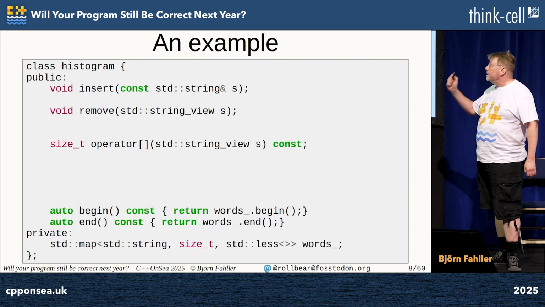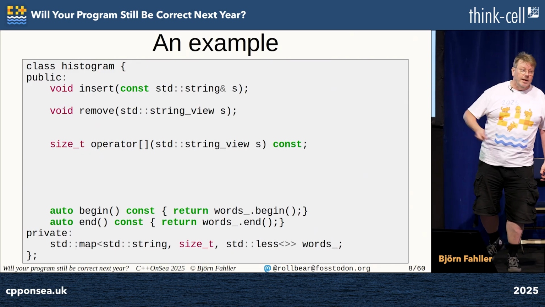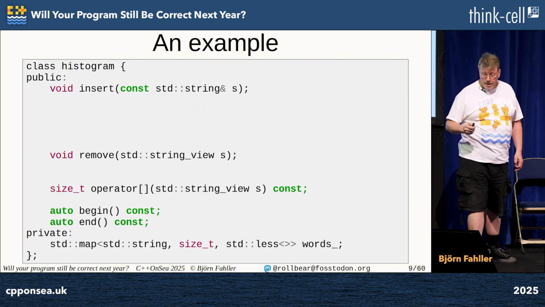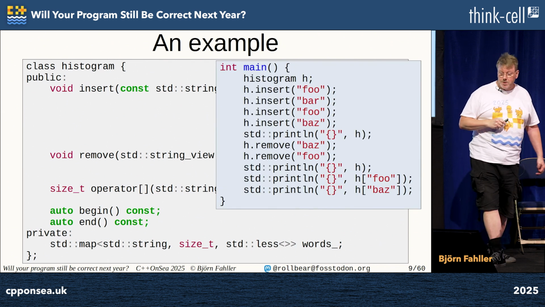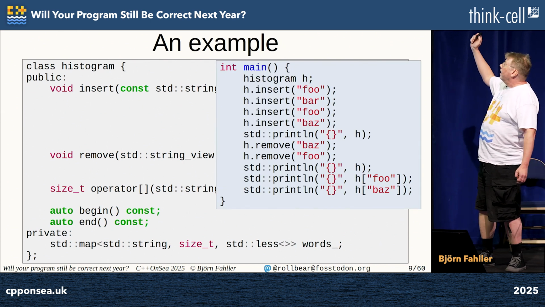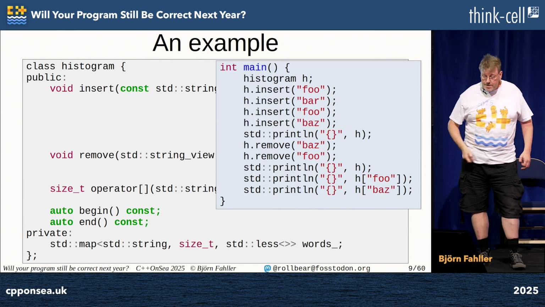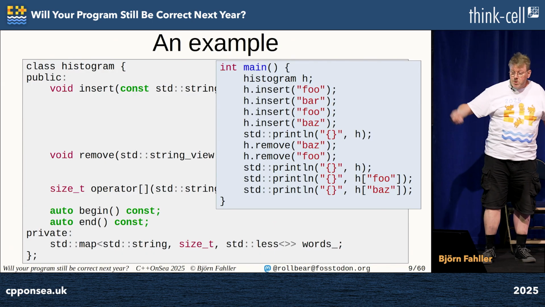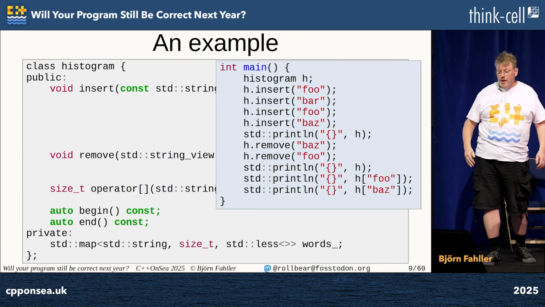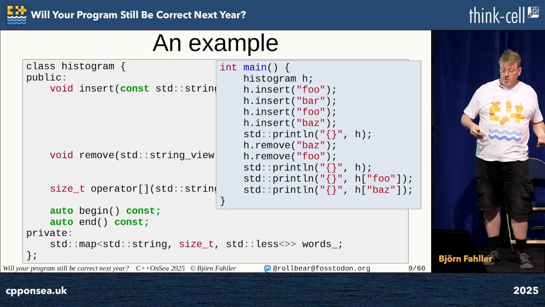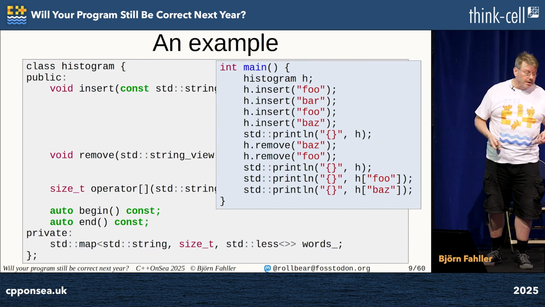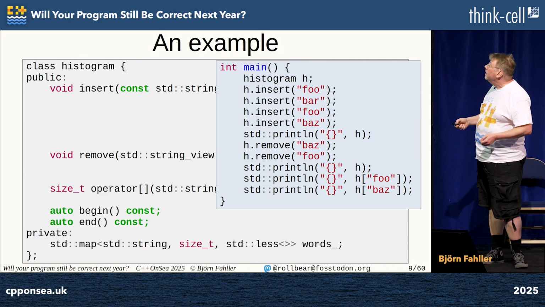Okay, is this correct? Well, we can write a test, of course. I create an instance of a histogram, I insert a few words, I print the collection, remove a couple of words, print it all again, and check if the foo and buzz are there and how many of them.